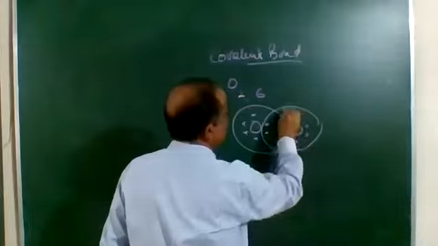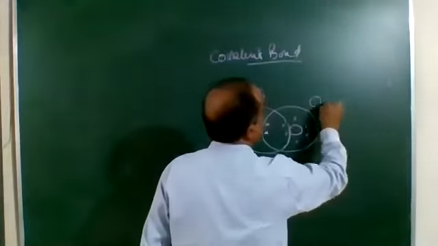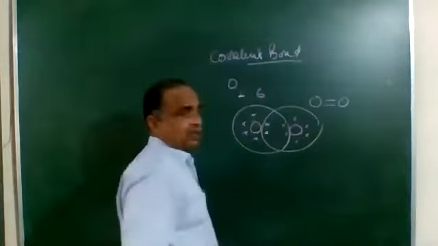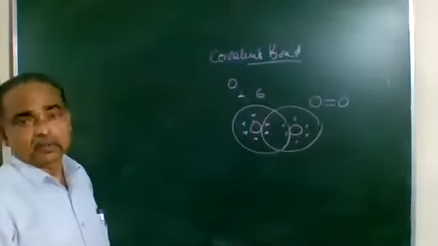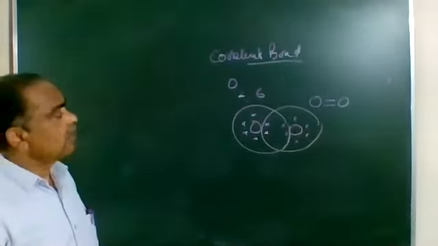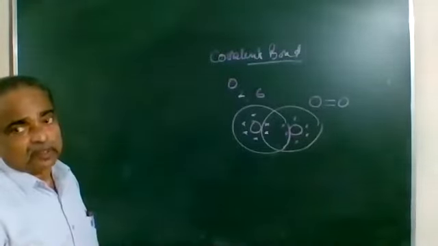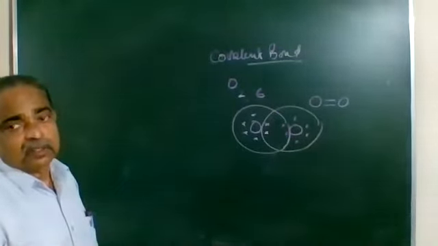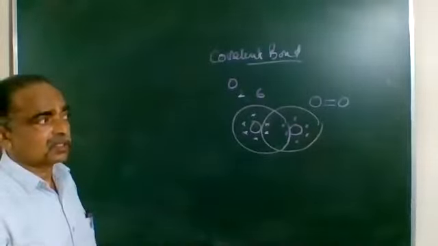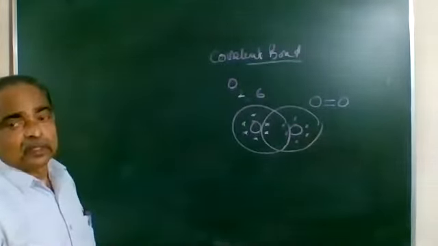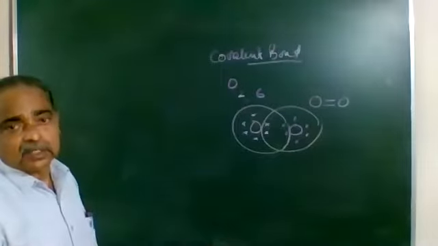Among oxygen atoms, two pairs of electrons are shared, therefore we say a double covalent bond. So chlorine has a single covalent bond because one pair of electrons is shared, and oxygen has a double covalent bond because two pairs are shared.